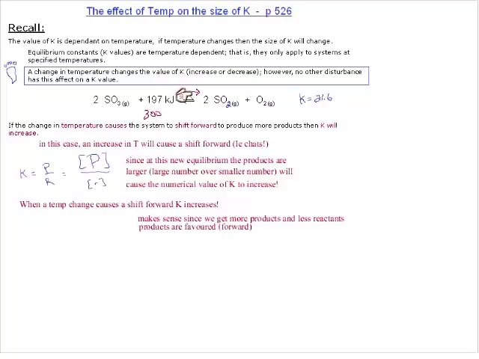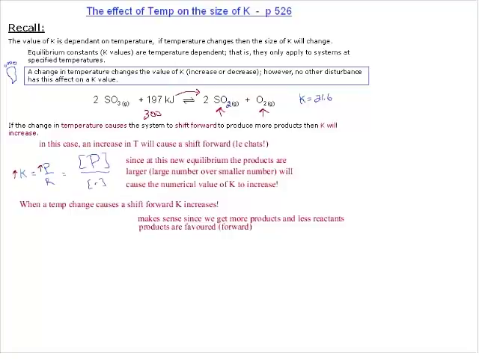Now, by shifting forward, the concentration of these on this side is going to go up. So the products are getting larger. And we know that as the top number gets bigger, k is going to get bigger as well. So k is directly proportional to whatever happens to the products.